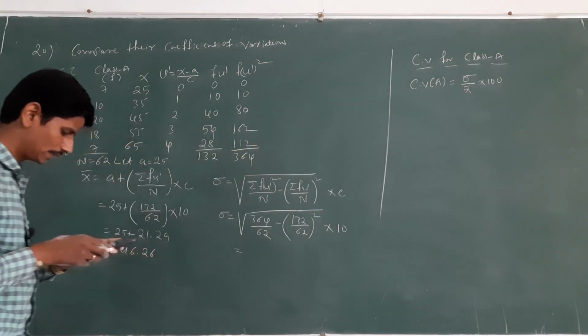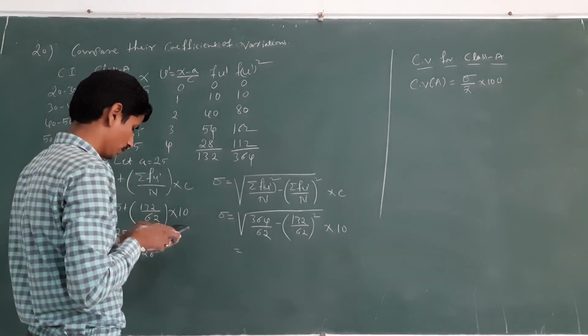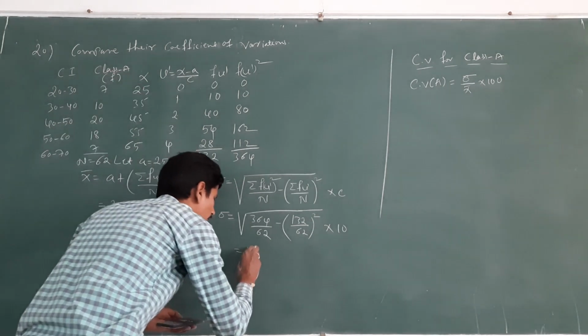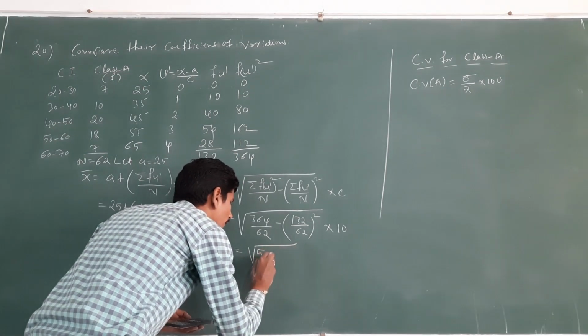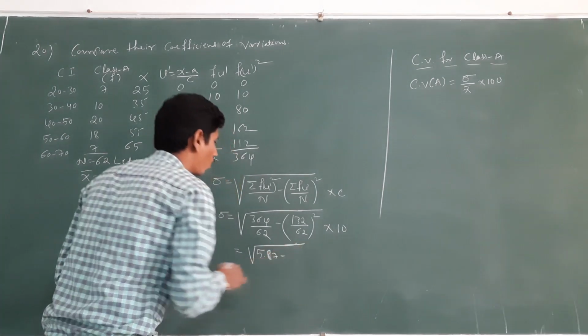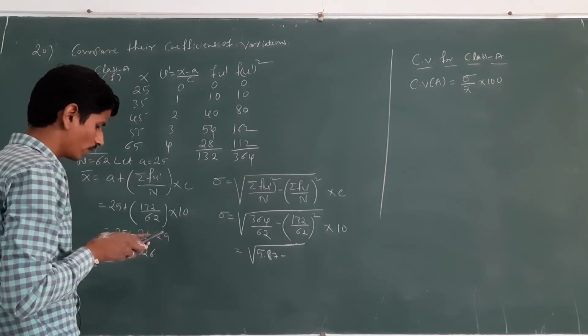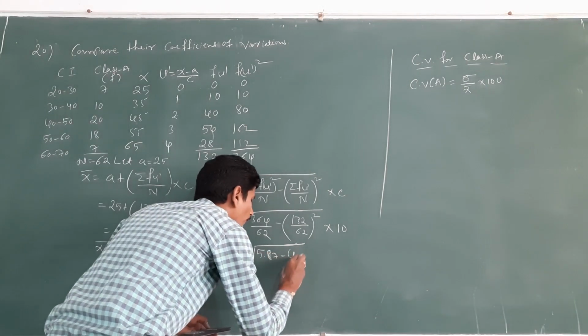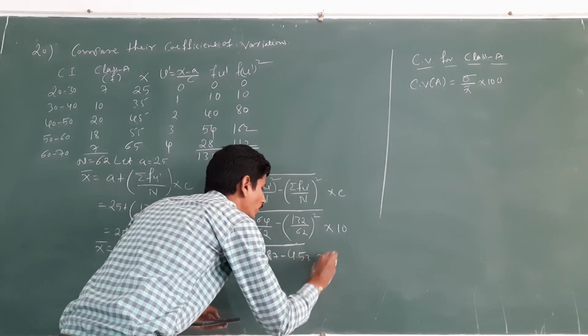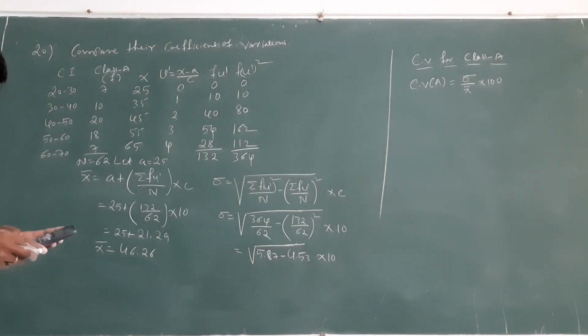Here 364 divided by 62 is 5.87. 5.87 minus 132 by 62 is 2.12, its square is 4.53, into 10.